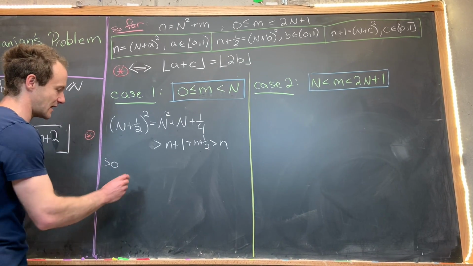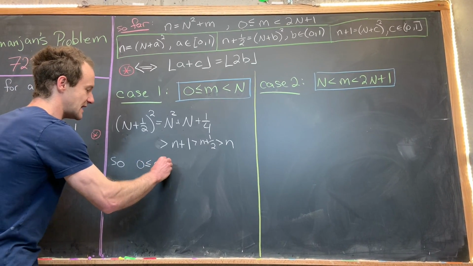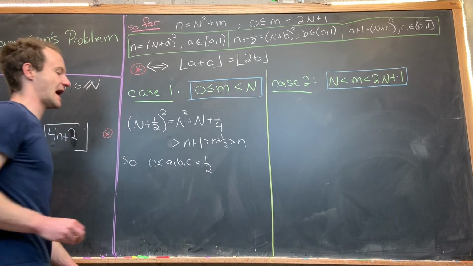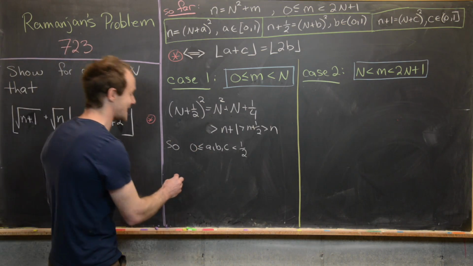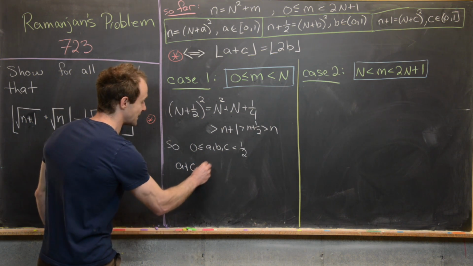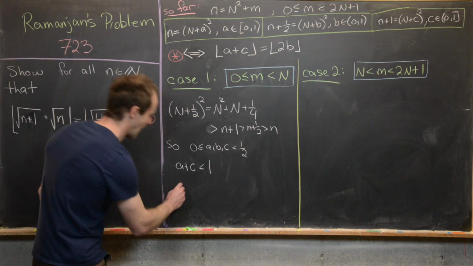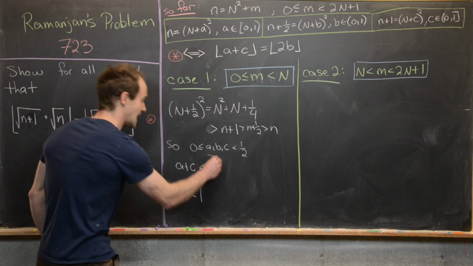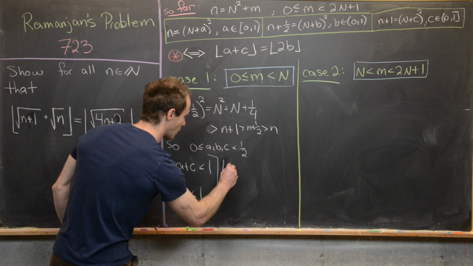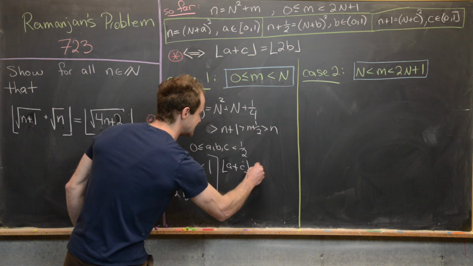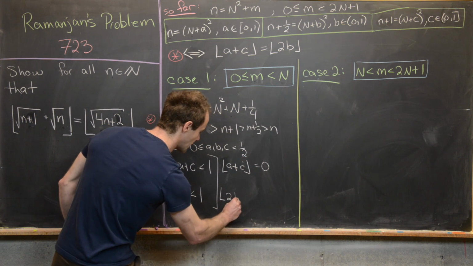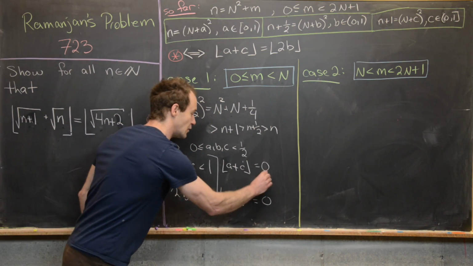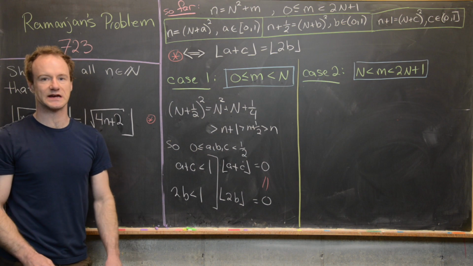So let's go ahead and write that down. So that means a, b, and c are between 0 and 1/2. Okay, but notice that means that a plus c is strictly less than 1, and 2b is also strictly less than 1. But now what that means is that the floor of a plus c is equal to 0, and the floor of 2b is also equal to 0. So that means in this case, we have proved the appropriate identity.